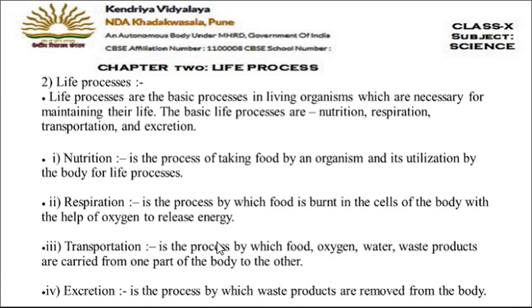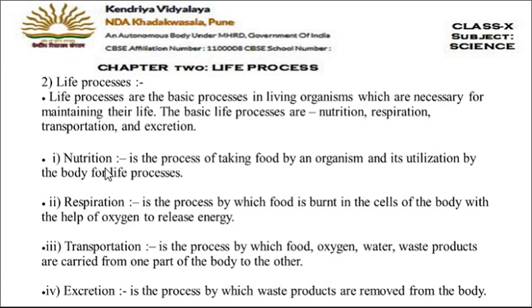The first one is nutrition. Nutrition is the process of taking the food inside and then utilizing it. Now let us understand the meaning of utilization. When we take the food inside, it is digested, broken into simpler form, then absorbed in the blood, and the blood carries the digested food to all the cells of the body.